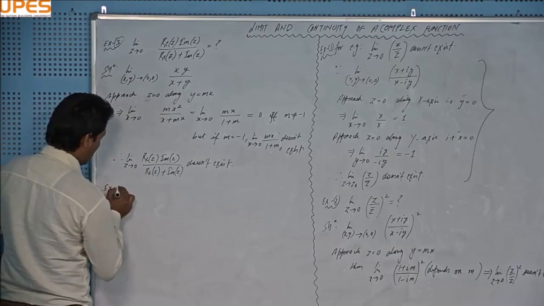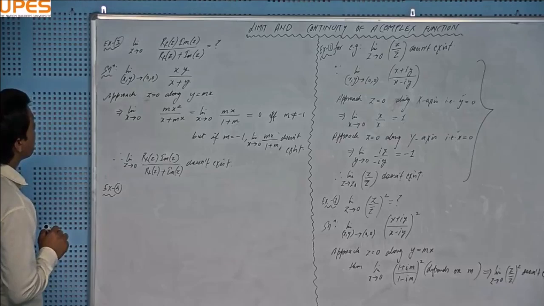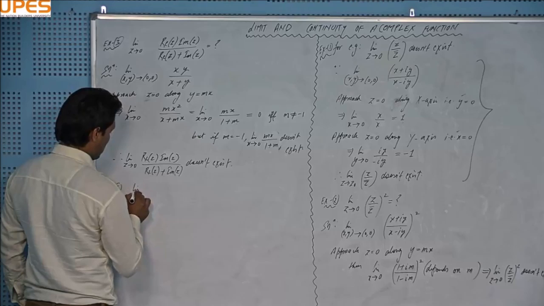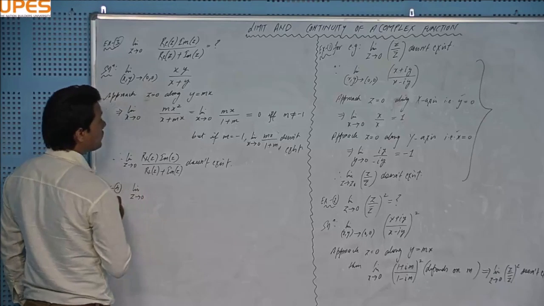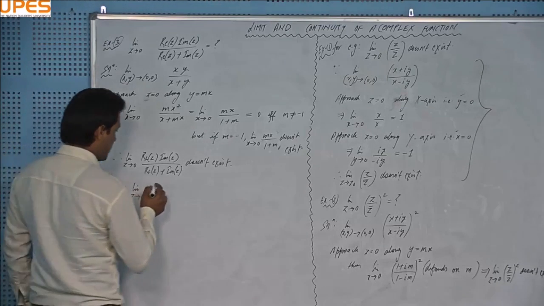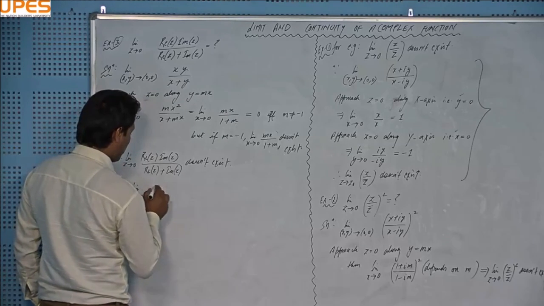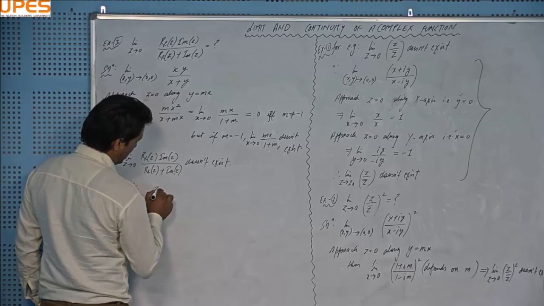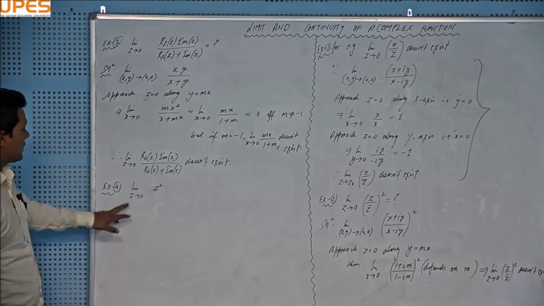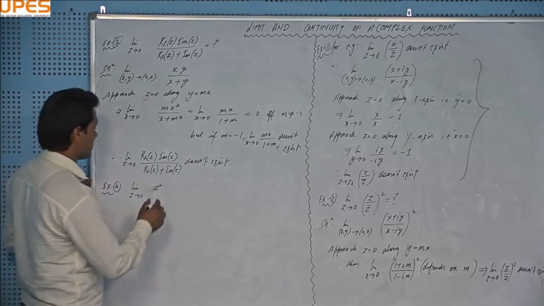Example number 4. Limit z tends to 0, and if I take a simple example, z square, this is fine. Limit as z tends to 0, z square, value of this thing equal to how much?